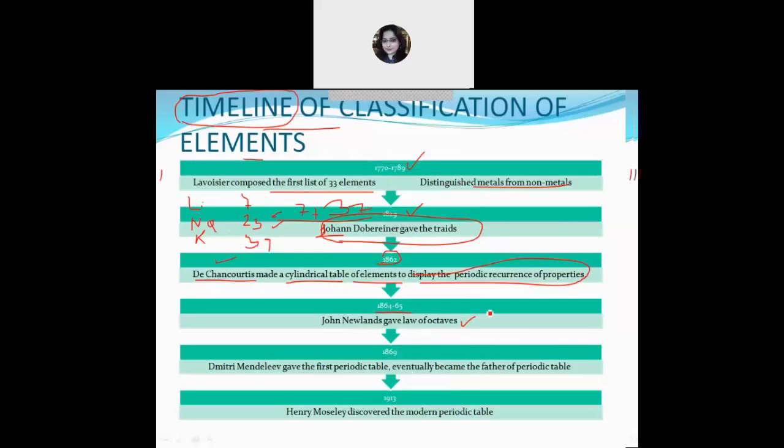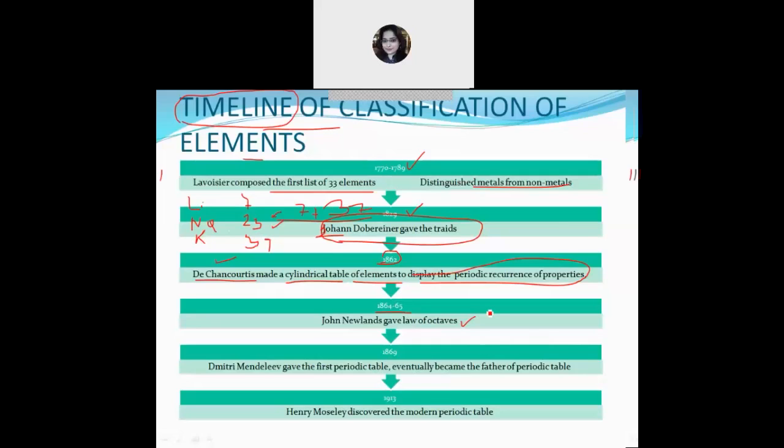So when we sing Sa Re Ga Ma Pa Dha Ni, we again return to Sa, isn't it? So he said that every eighth element, beginning from any element, resembles the first element in its physical and chemical properties. All right. So this was the concept, or you can say the theory, which was given by John Newlands.